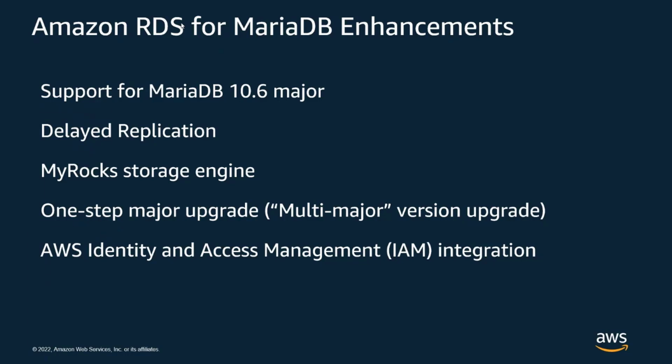We have also introduced one-step major upgrades, which are also known as multi-major version upgrades. And finally, we've added integration with the AWS Identity and Access Management Service, which is more frequently called IAM. In the next set of slides, I'm going to go over each of these features in a lot more detail.